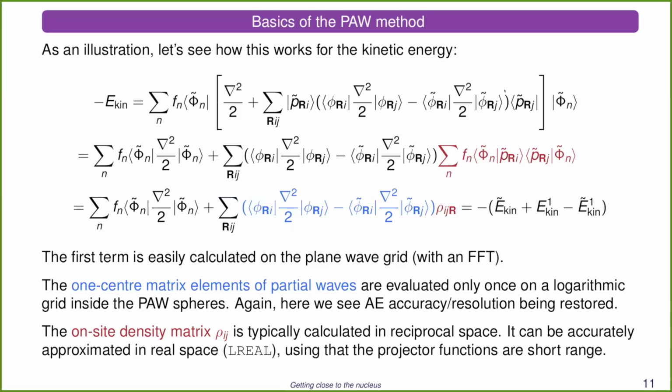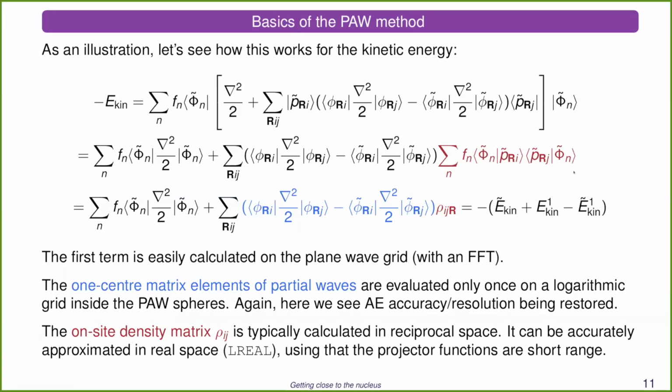You make from this term three separate sums. Then you first get the pseudo plane wave contribution. That's the first one. And then you get the one-center corrections, the all electron ones minus pseudo partial wave ones, and then you get this stuff over here.